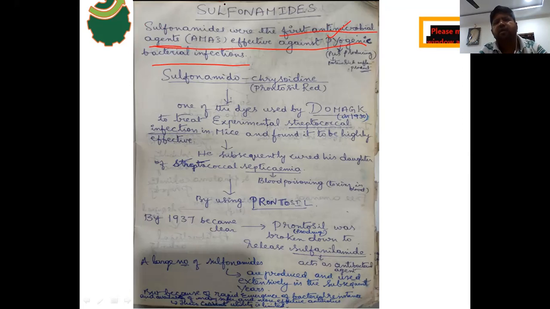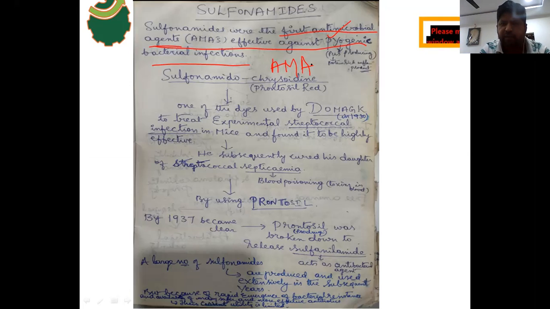But sulfonamides, which we generally call sulfa drugs, are synthetic. They are prepared in the laboratory. That's why I use the word antimicrobial agent, AMA. It's a generalized term. As it is a synthetic drug, I can't call it an antibiotic; I generally call it an antimicrobial agent.